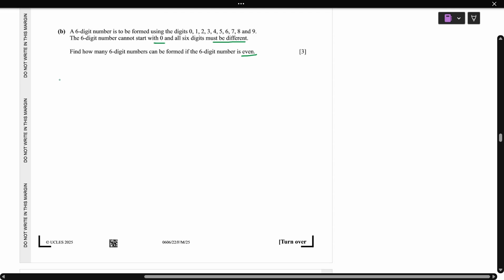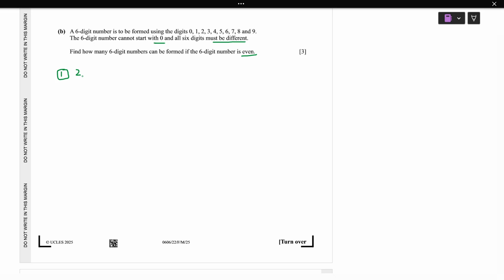So there are 6 digits: first digit, second digit, third, fourth, fifth, sixth. Now the last digit, the chances are 0, 2, 4, 6, 8. So only these chances for the last digit, because it is even.